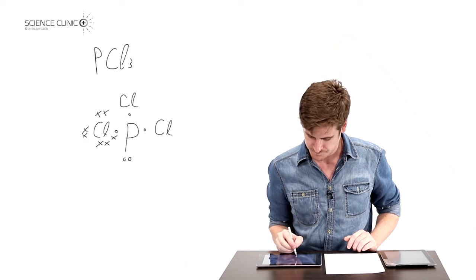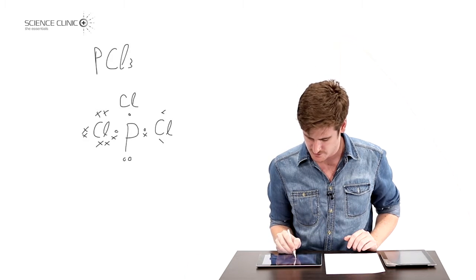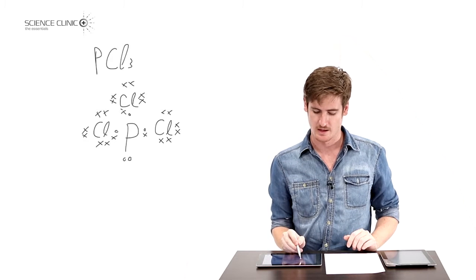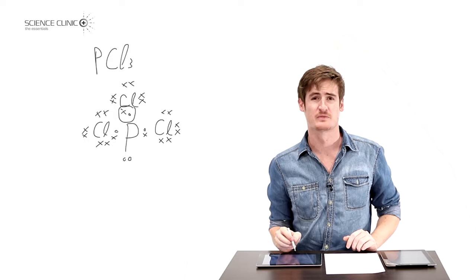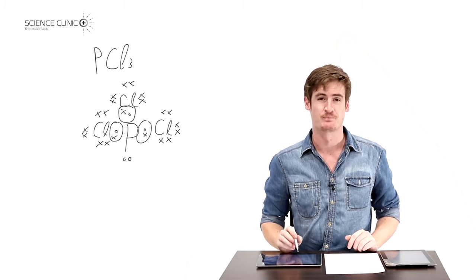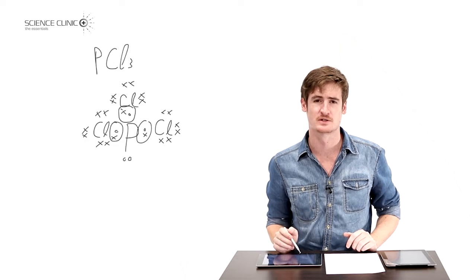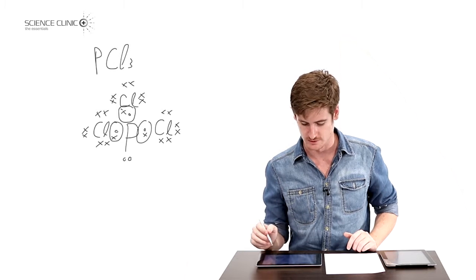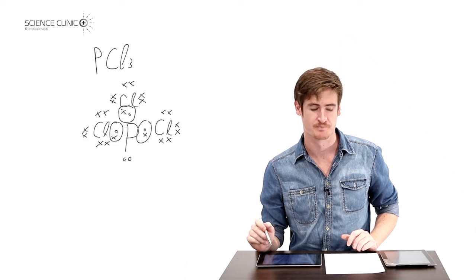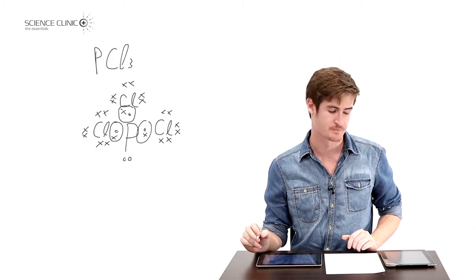We can see now, if we do this to the rest of our chlorines, that if these two electrons and these two electrons are bonded, both the chlorines and the phosphorus all follow the octet rule now. And we can say that this can happily be the Lewis structure of phosphorus trichloride.